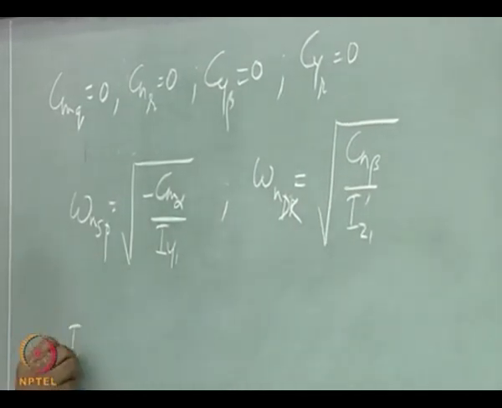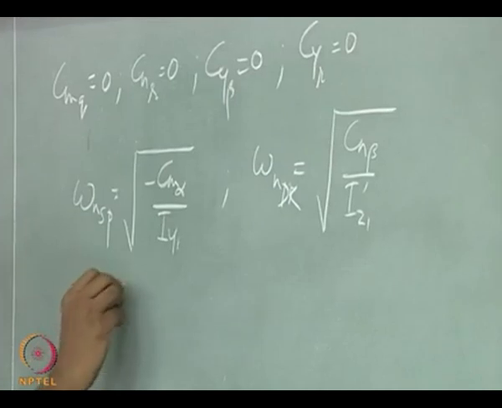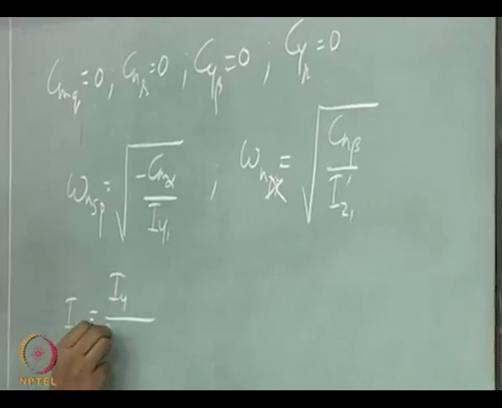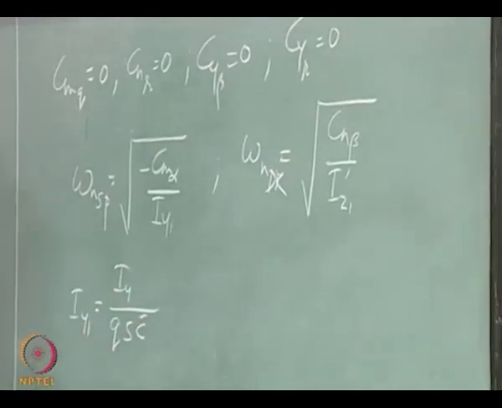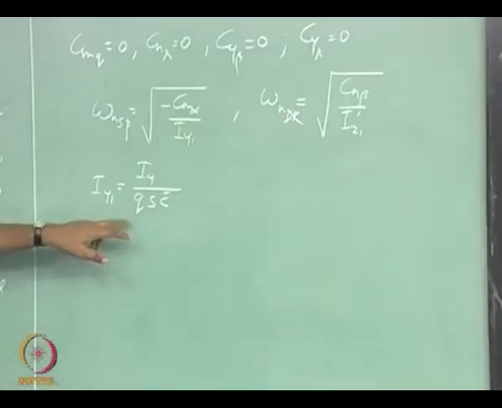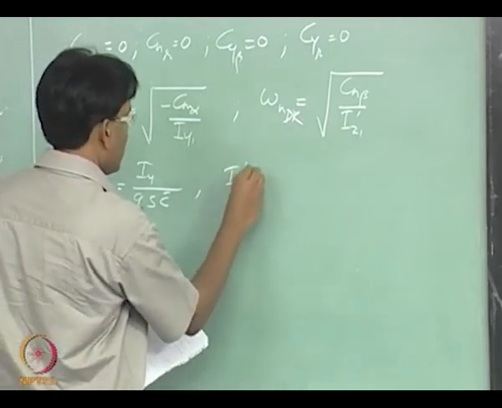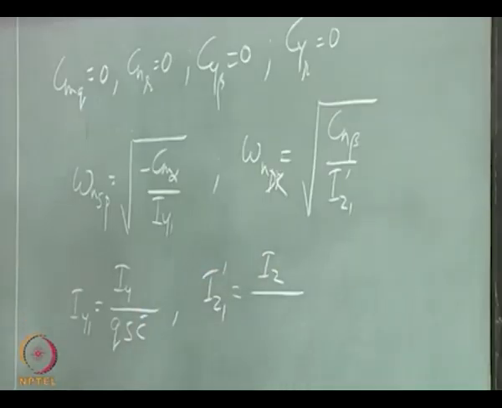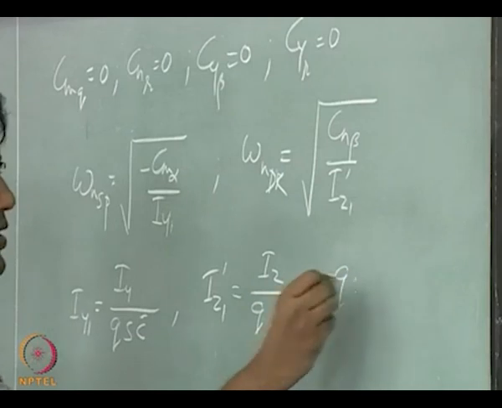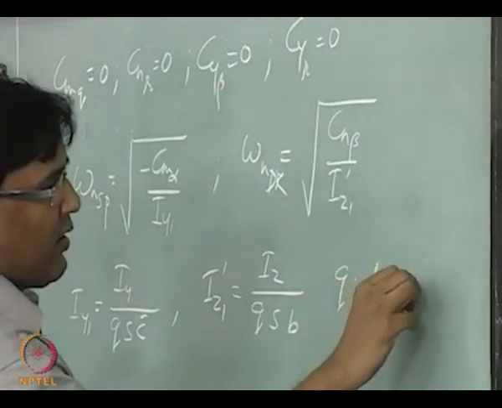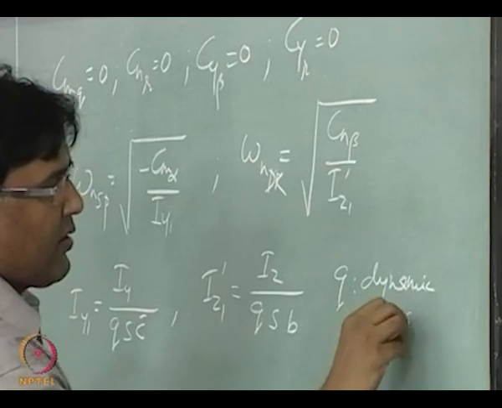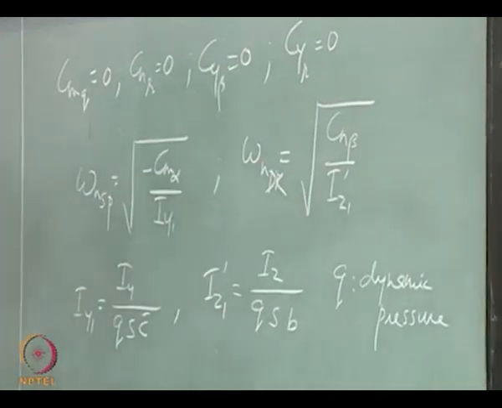So this Iy1 is Iy over q S c bar. Okay. This q is the dynamic pressure. All right.